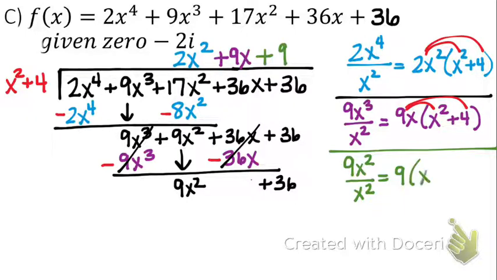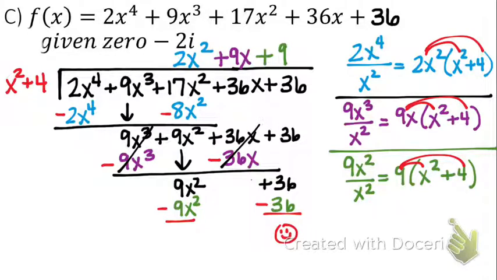And then take the 9 times x squared plus 4. 9 times x squared is 9x squared. 9 times 4 is 36. Change, and then we end with a 0.